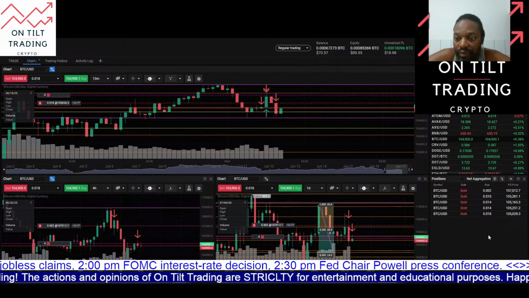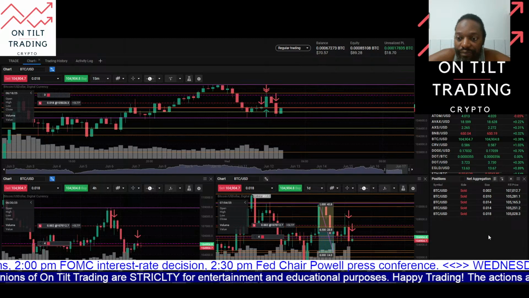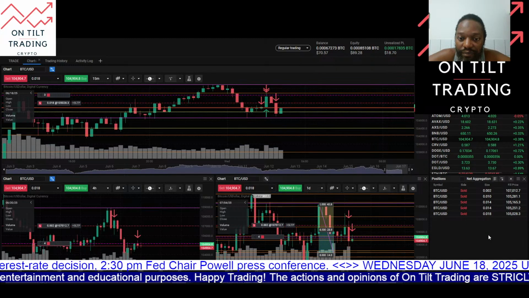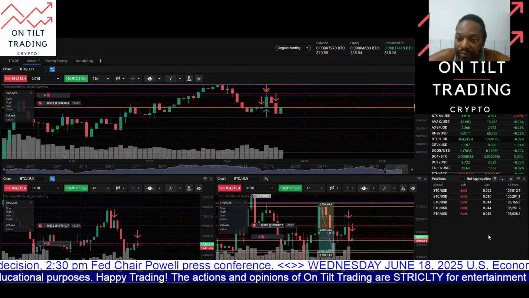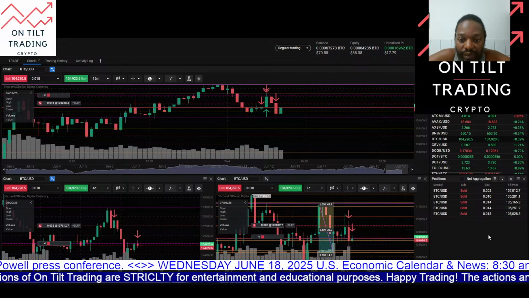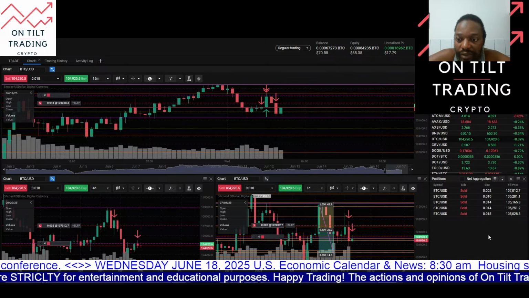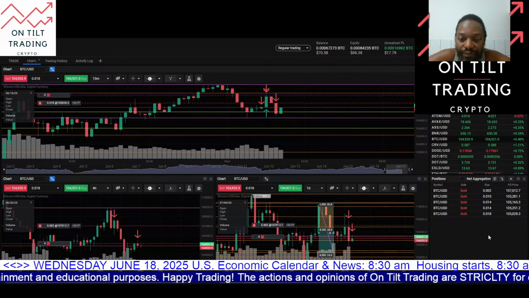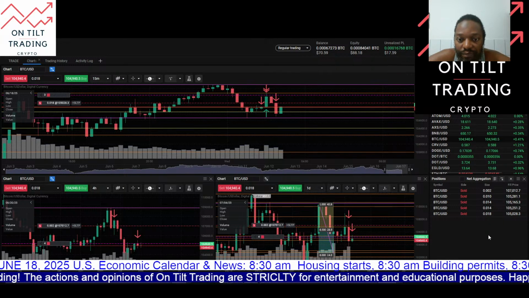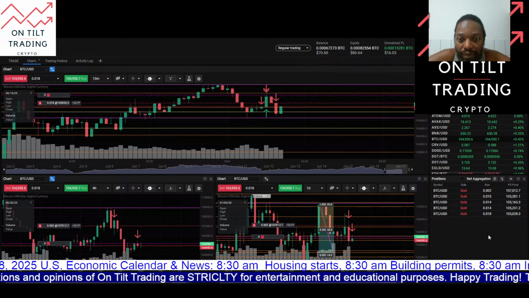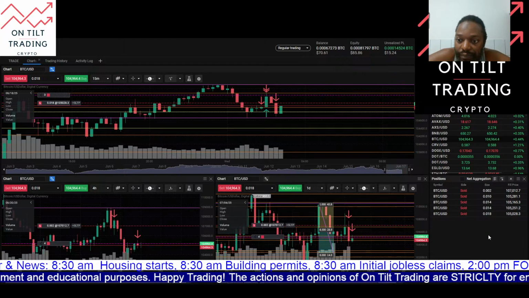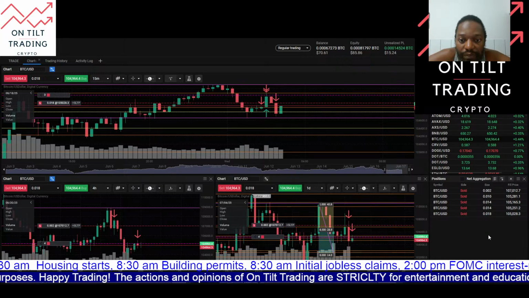Price holding at the 104,900 level, and price being delivered to the buy side. Now price at the reaction level, and price trades through the reaction level with speed. 104,964.3 on the bid.